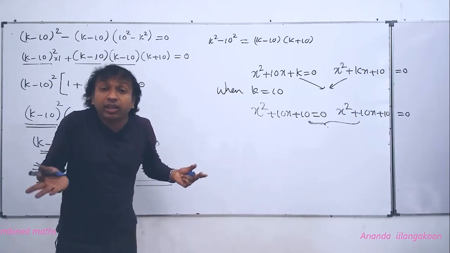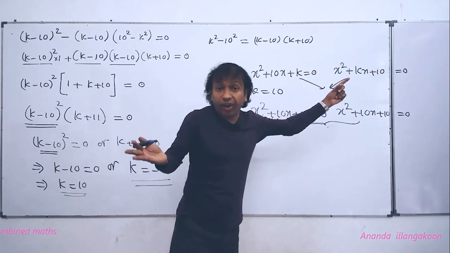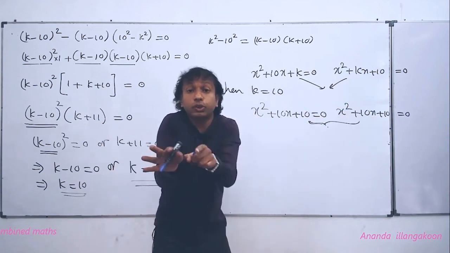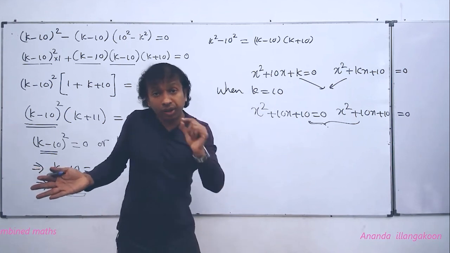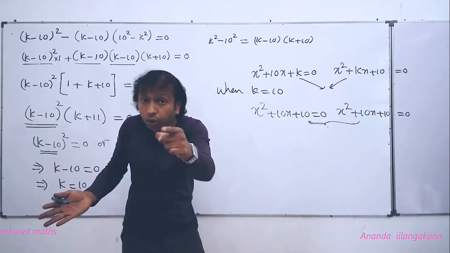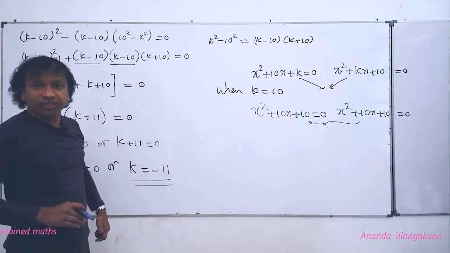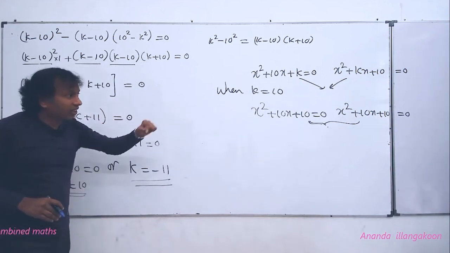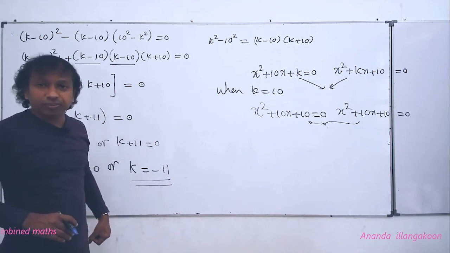But when K equals 10, the two equations we thought of at the beginning convert to only one equation. Then of course no point of asking for a common root. So therefore, K equals 10 is not valid. Understood? Therefore, the answer is K equals minus 11.